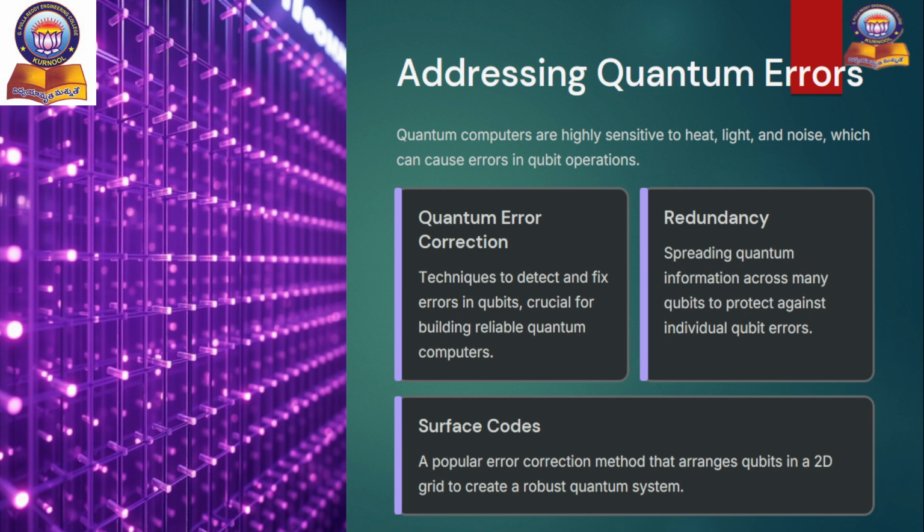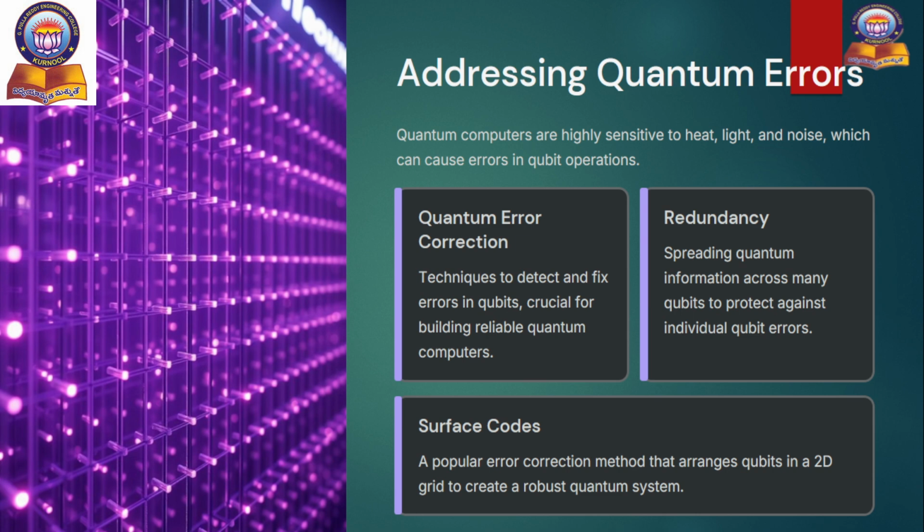Quantum error correction mainly uses techniques to detect and fix errors in qubits, which is crucial for building reliable quantum computers.